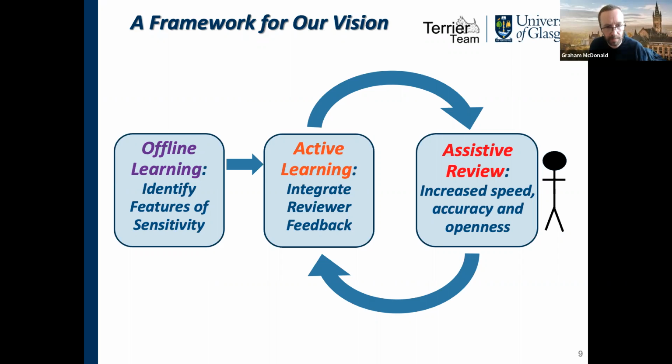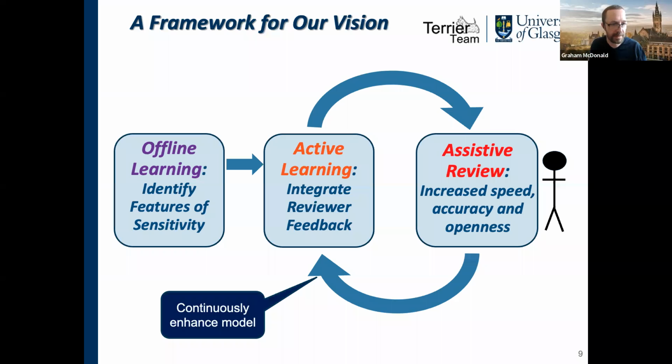So when they're marking documents as sensitive or not sensitive, we want to feed that into the model and learn from that. But we also want the classifiers to provide the reviewers with useful information so that we can increase the speed and accuracy and openness of the review. So this is a continuous process that we want to continually enhance the model.